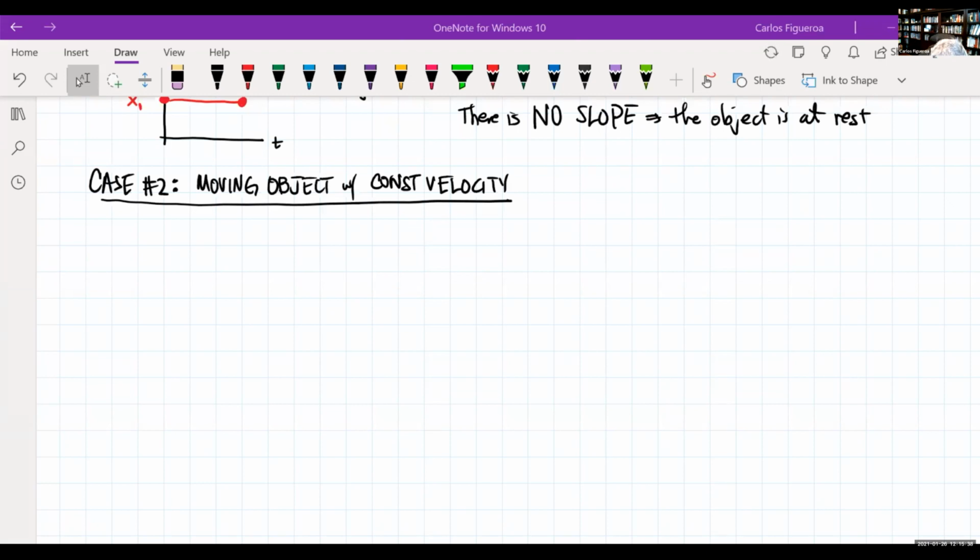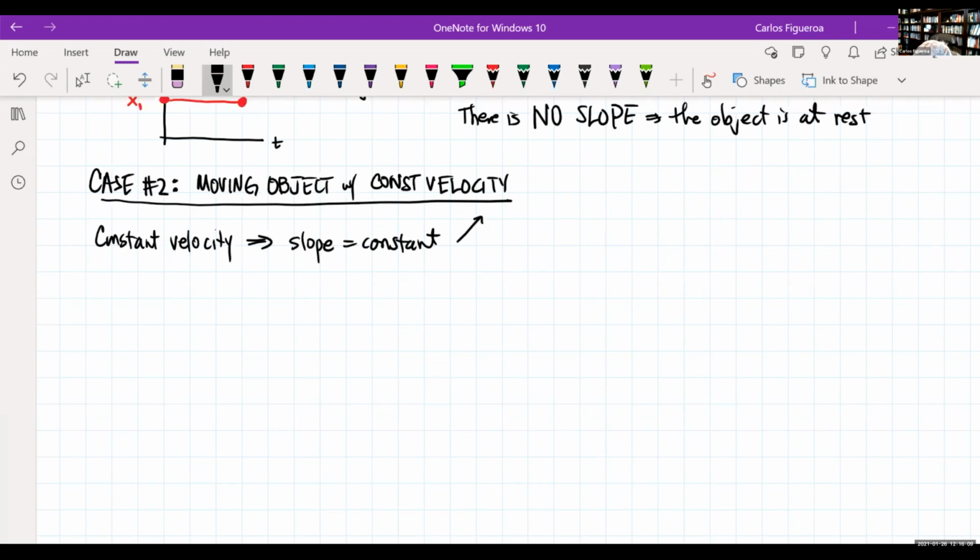Well, we know that if we're moving at constant velocity, then that implies that the slope is equal to a constant. Now, what you find here is that the slope can have 2 different directions, right?